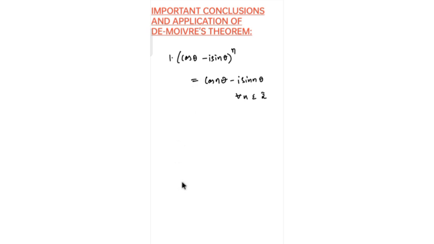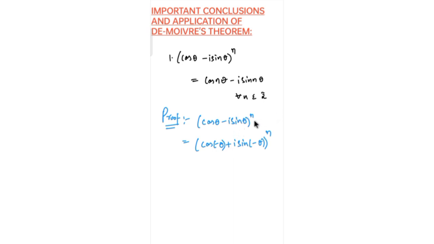Fine. So the proof is very simple. (cos theta minus i sin theta) whole power n is equal to, first we're going to write it in the pure Euler form, that is cos of minus theta, and we take this minus inside, so we get plus i sin of minus theta, whole power n. Because cos of minus theta is cos theta, but sin of minus theta is minus sin theta.